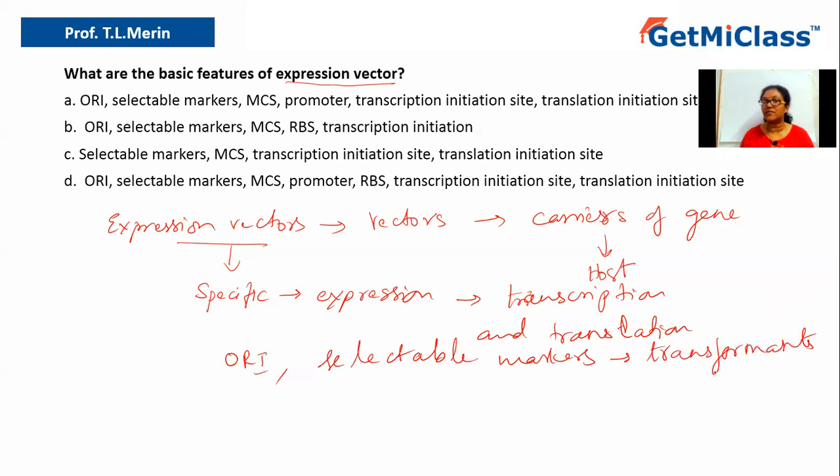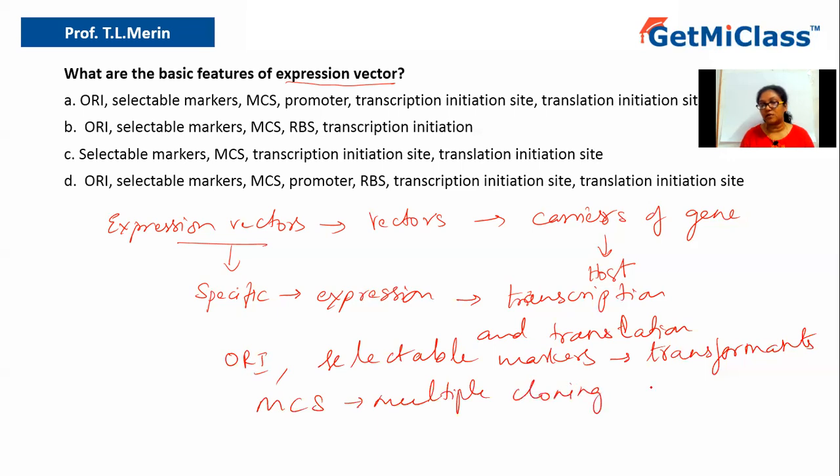Transformants means the ones which have received and where our desired gene has been expressed. Those are called transformants. So that will be helpful if the vectors already have selectable marker genes. Apart from that, they should have multiple cloning sites, MCS.